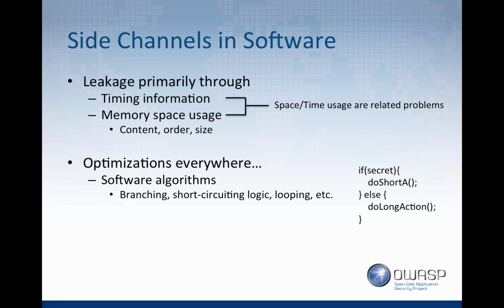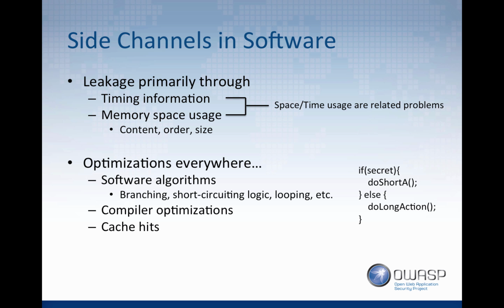But these optimizations are everywhere. So one, we just do it directly in our software algorithms, right? All the branches, if we short circuit some logic in a conditional, any loops, all have conditions in them. Our compilers do tons of this for us. Every time in your architecture, if you go to RAM versus going to disk versus all the different level caches in the CPU, all of these take different amounts of time.